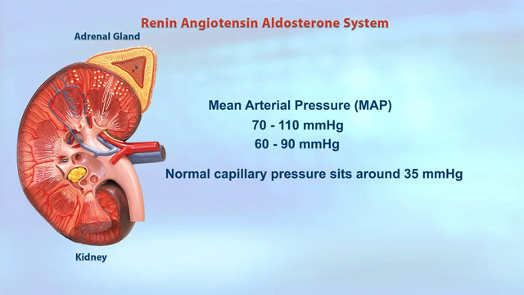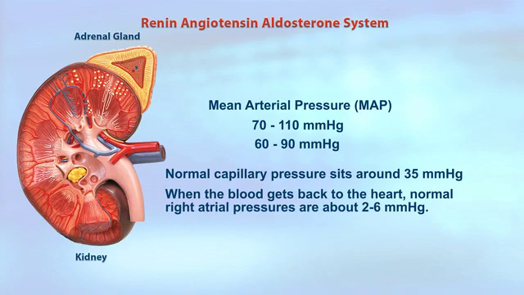So when your blood comes out of your aorta at 120/80 and it goes all the way down through the arterial system and down to the capillary system, those normal capillary membranes sit normally around 35 millimeters of mercury. Then the blood goes back up to the heart, and when it finally gets back to the heart, normal right atrial pressures are about 2 to 6 millimeters of mercury, according to your book.